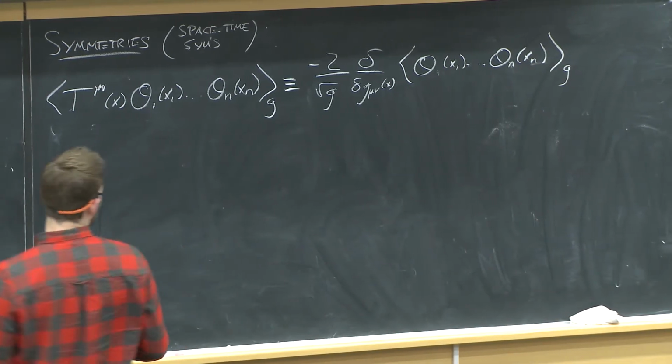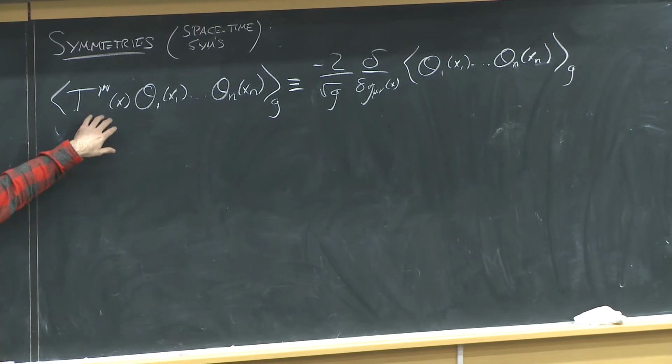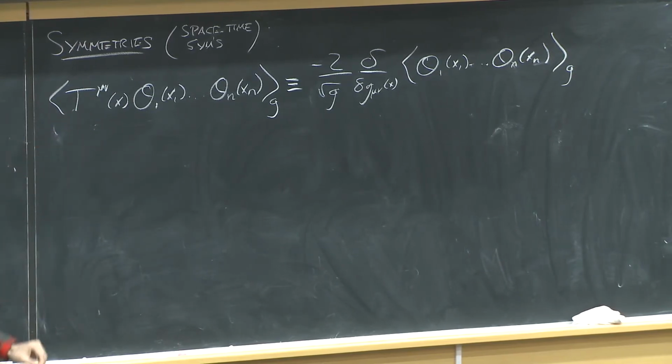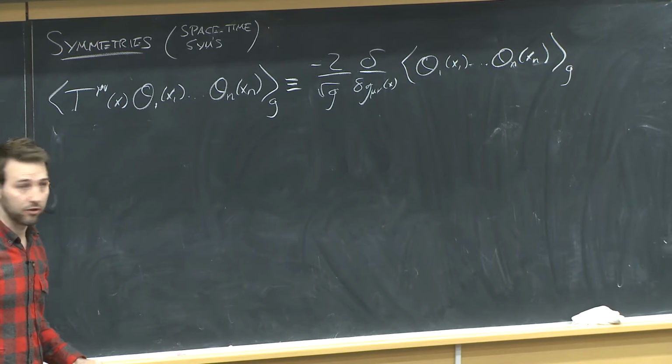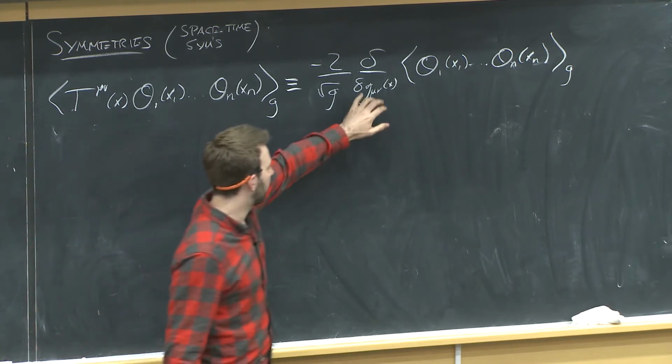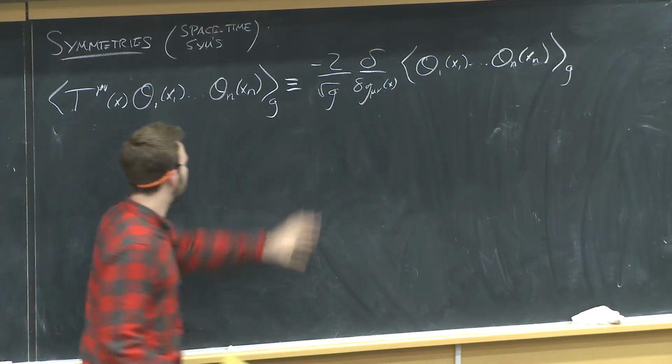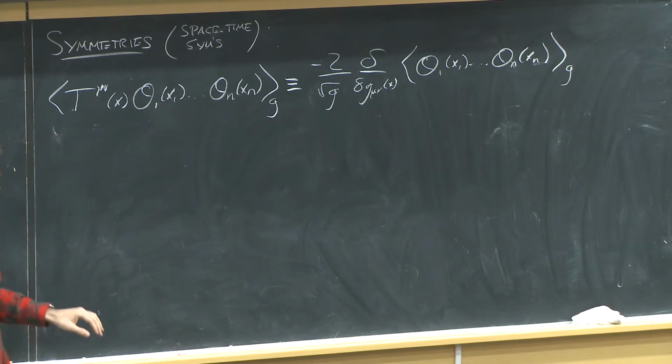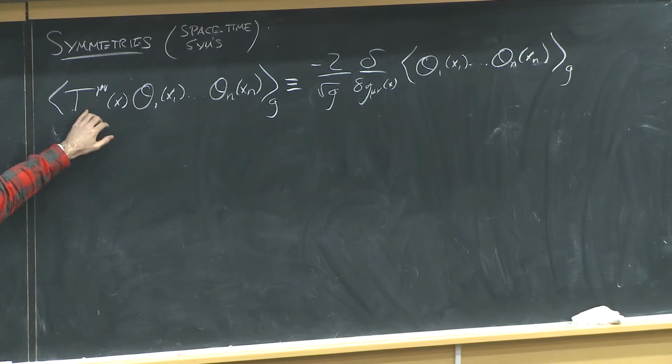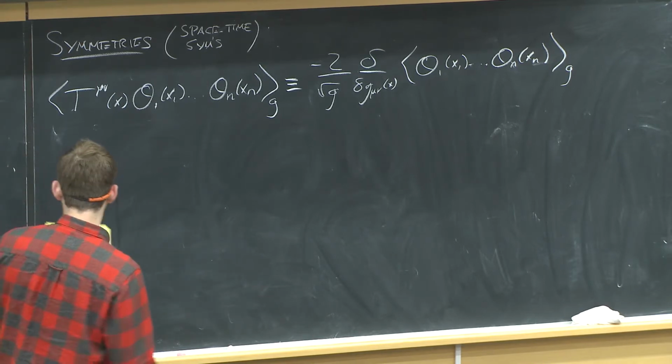So this is the operator statement that says that a stress tensor tells me how I infinitesimally change the background metric. If I'm doing a small variation of the background metric at a point x, up to these prefactors that I've chosen presciently, that is what I mean by inserting the local operator T at that point.